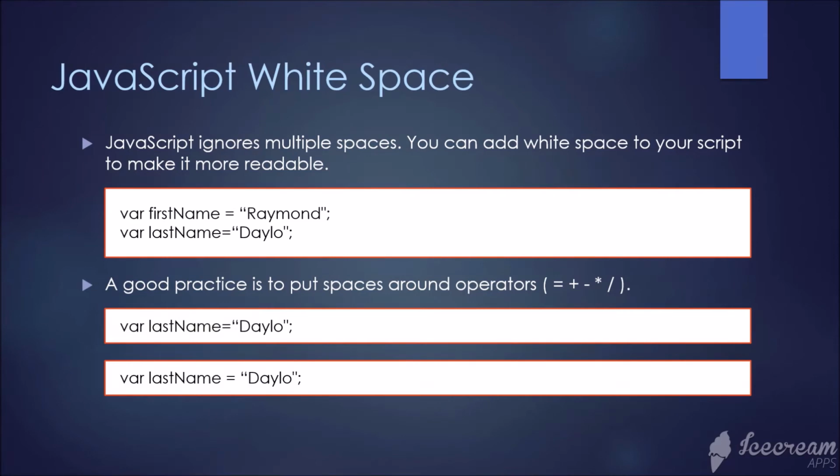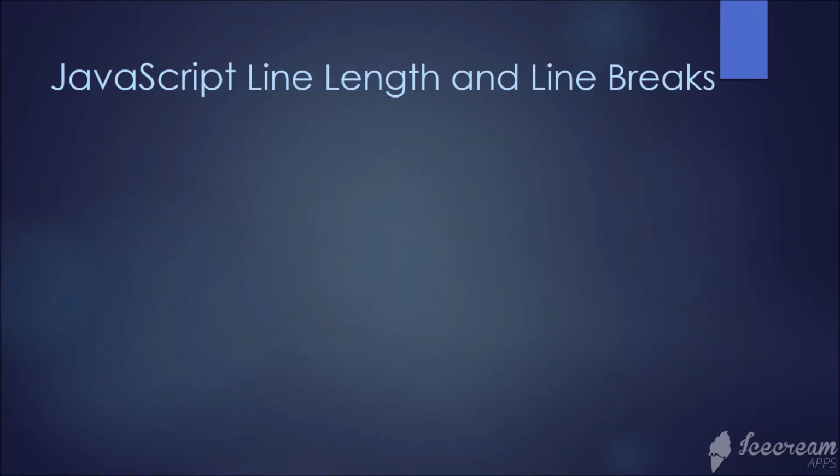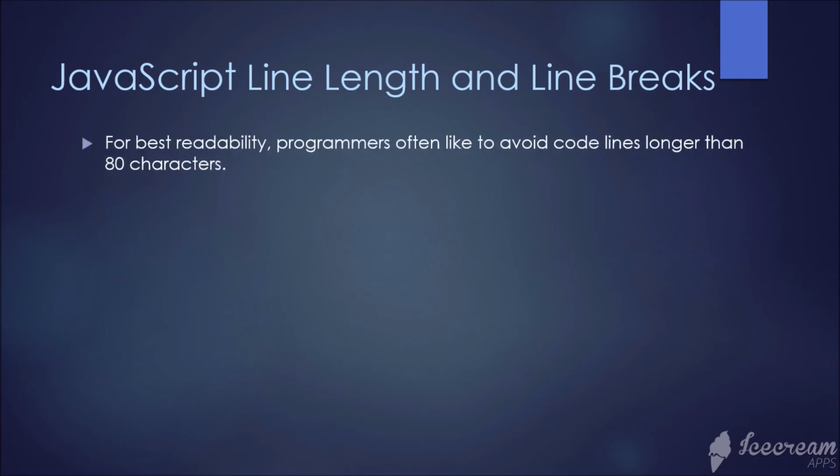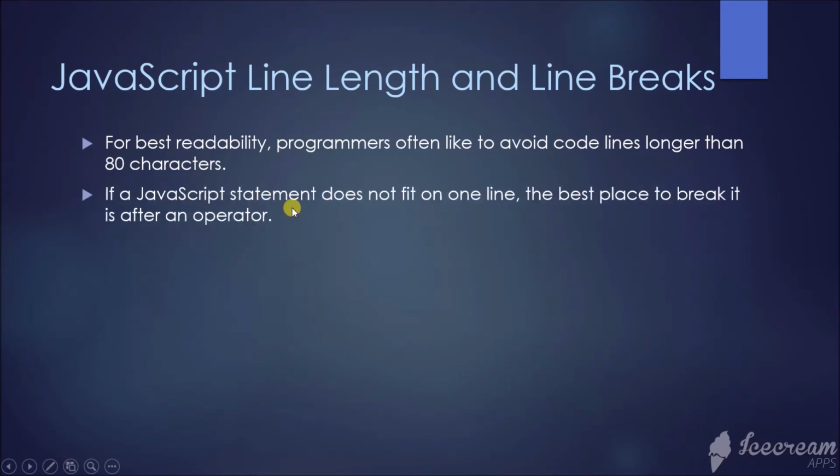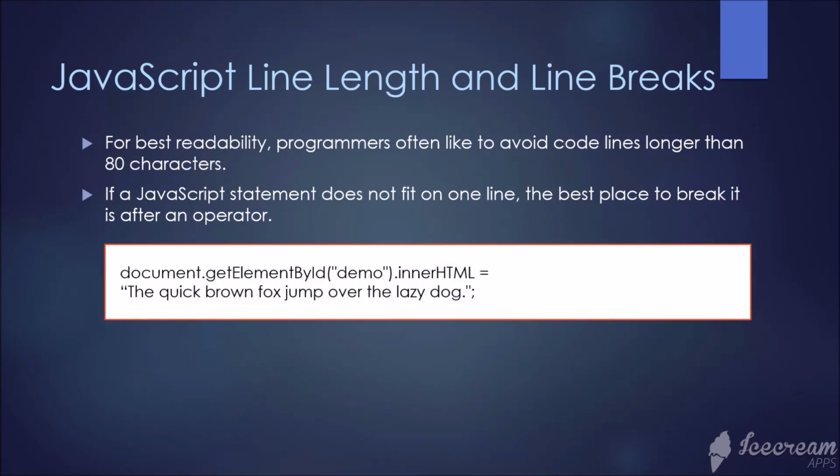Okay, guys? So JavaScript line length and line breaks. For the best readability, programmers often like to avoid code lines longer than 80 characters. If a JavaScript statement does not fit on one line, the best place to break it is after an operator. So we have here a sample.